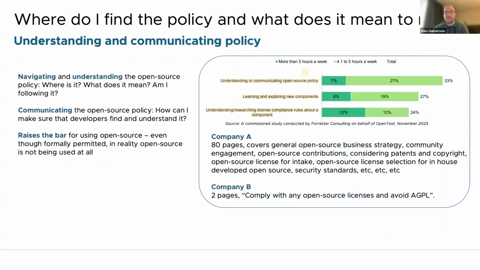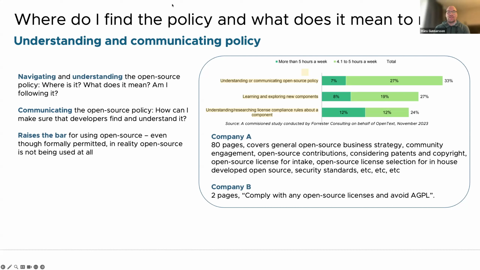Understanding and communicating policy. Open source policies can be vastly different. One company A could have an 80-page coverage policy that covers their general open source business strategy, how to engage with communities, how to do open source contributions, large sections on patent and copyright, open source license for intake, of course, open source license selection for in-house developed open source, security standards, and so on and so on and so on.